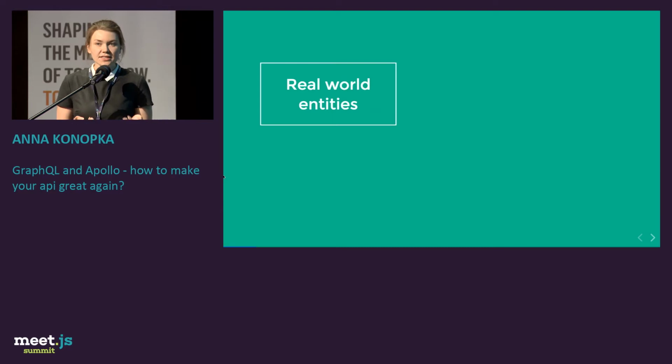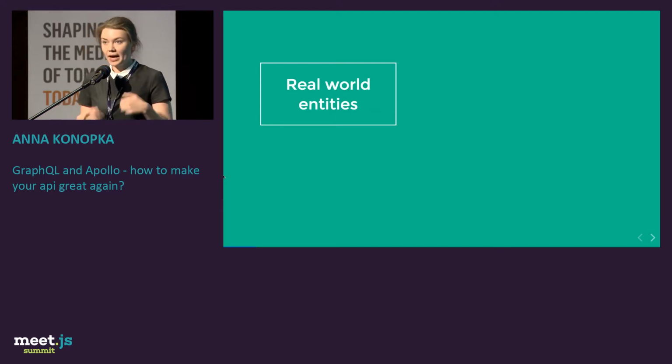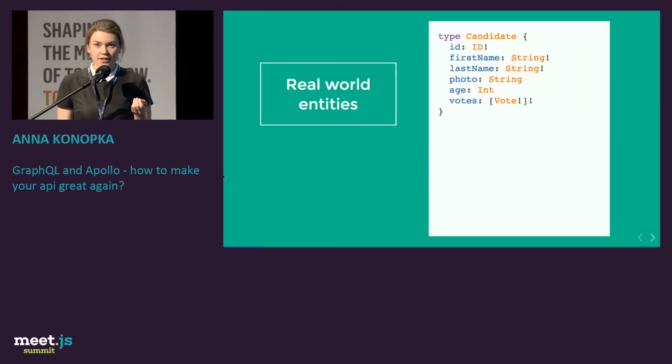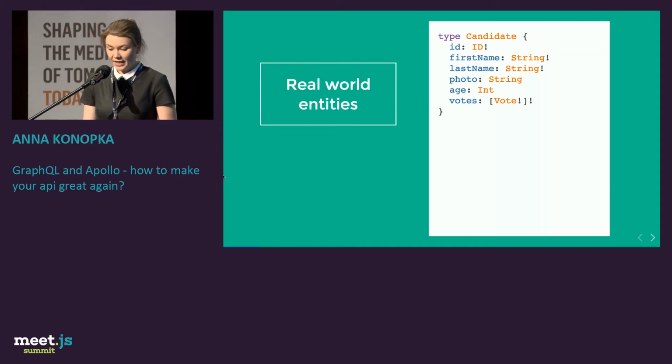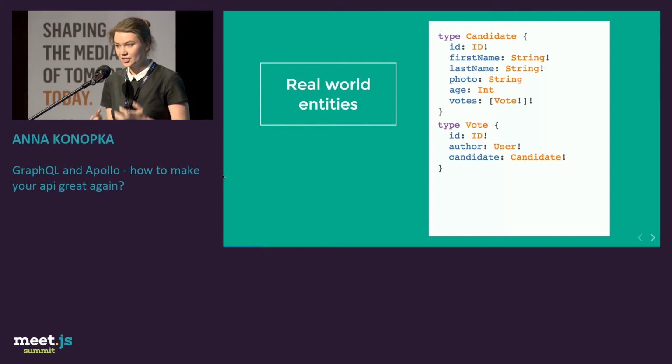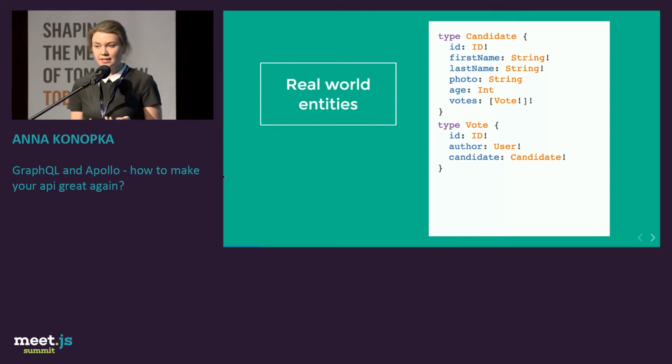And this is actually some real-world entities that are mapped inside our app. So for example, in this case of an election poll app, it can be a candidate or a vote. And as we can see, there are some attributes connected with each such entity. For example, candidates have first name and last name and information about age.